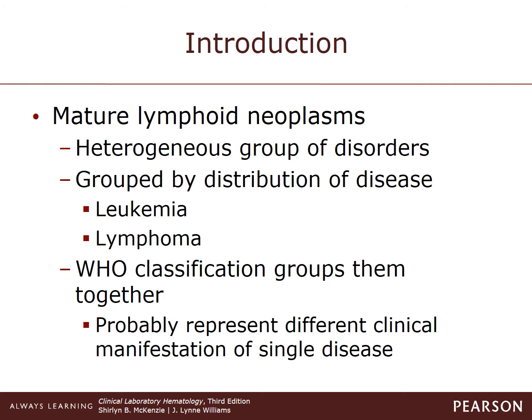lymphoma or a leukemia. Lymphomas are malignant neoplasms that represent tumorous masses primarily in the organs involving lymph, such as lymph nodes, tonsils, spleen, and any kind of lymphoid tissue of the GI tract. Leukemias are malignant neoplasms that primarily involve bone marrow and peripheral blood.